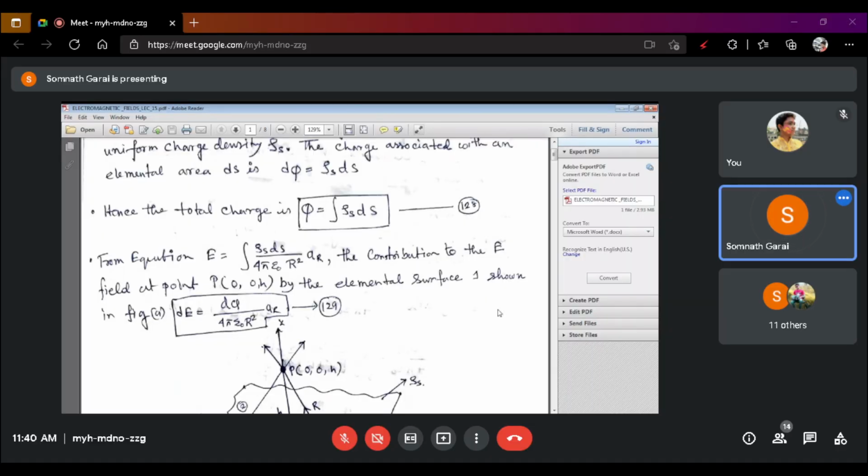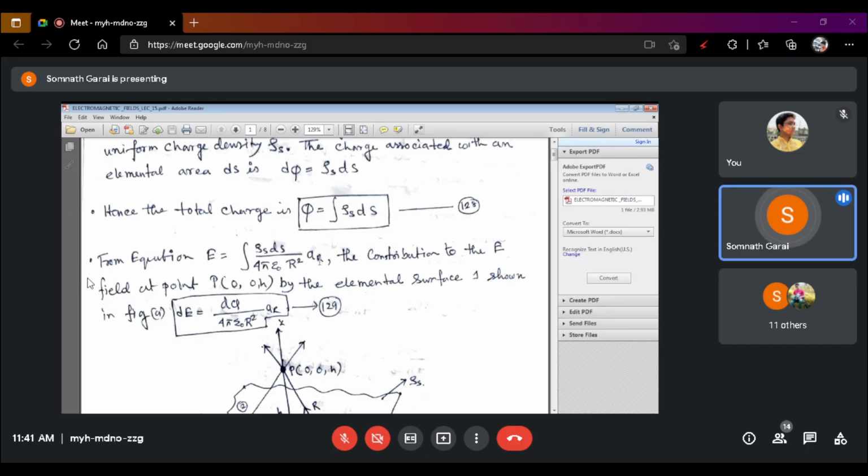Now, according to our surface charges, we know that the electric field intensity is given by capital E is equals to integration over rho s ds divided by 4 pi epsilon naught r square ar.